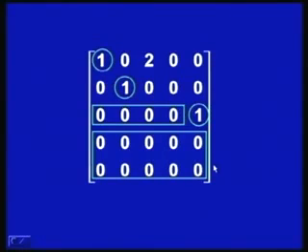In the second property, if there is a row having non-zero elements, like the first row, then the first non-zero element in this row has to be 1. This element can be any value, but this has to be 1. This also has to be 1, and even the third column has a non-zero element, and this also has to be 1. So, this may be a candidate for row reduced form.